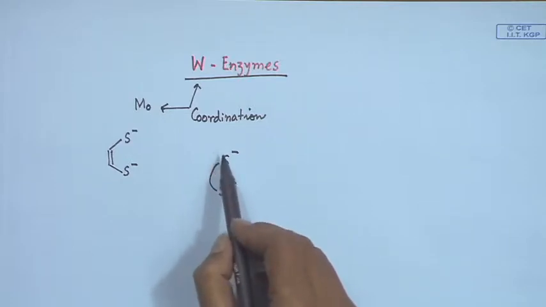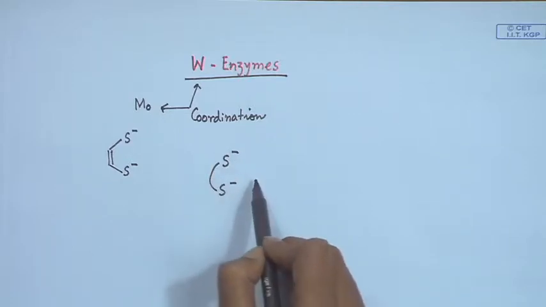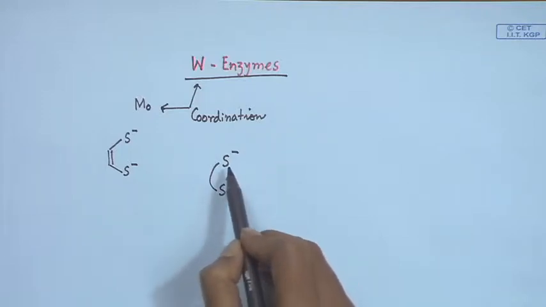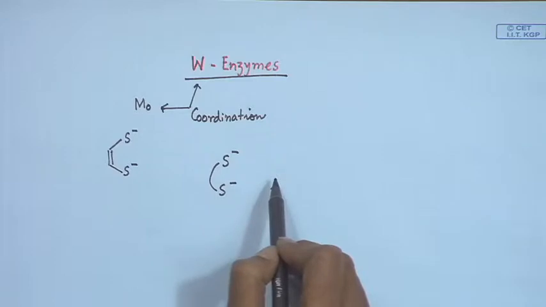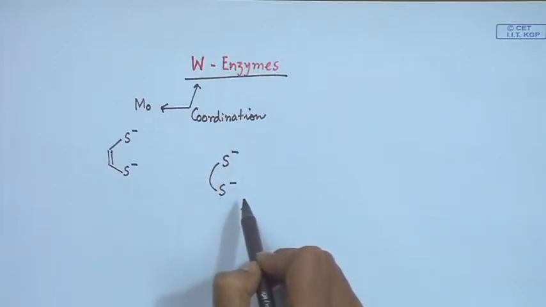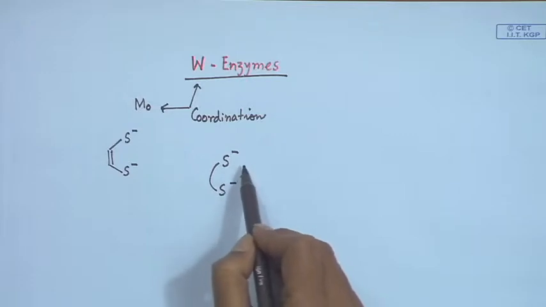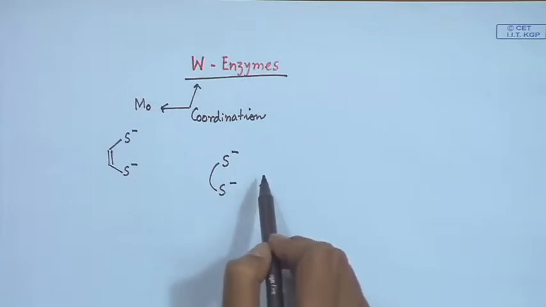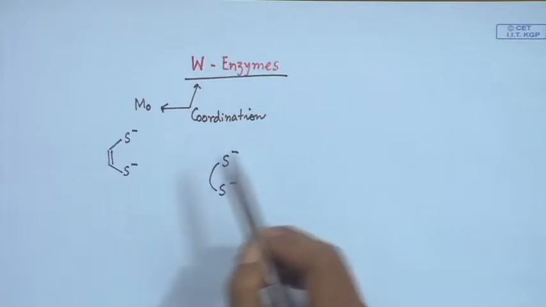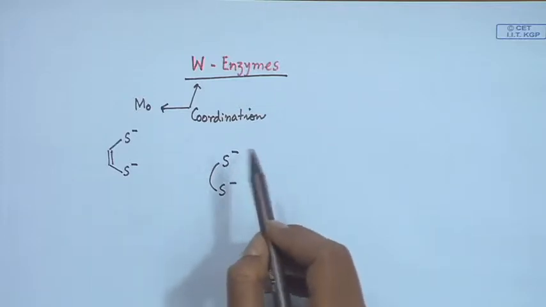So, a polarizable bigger donor group can stabilize the high oxidation state very much, because these sulfurs, if they are neutral in nature, cannot donate that much electron density to the molybdenum center, but when they are in the thiol form, they donate electron density efficiently to stabilize the higher oxidation states of tungsten and also of molybdenum.